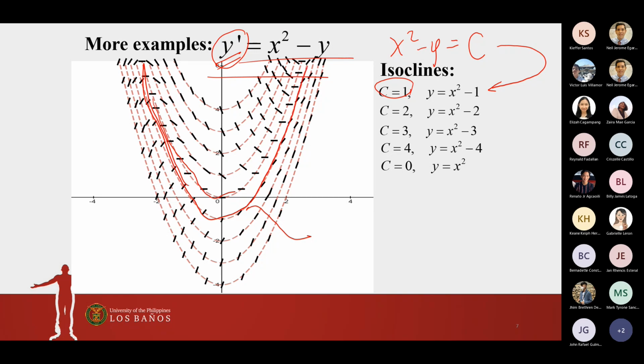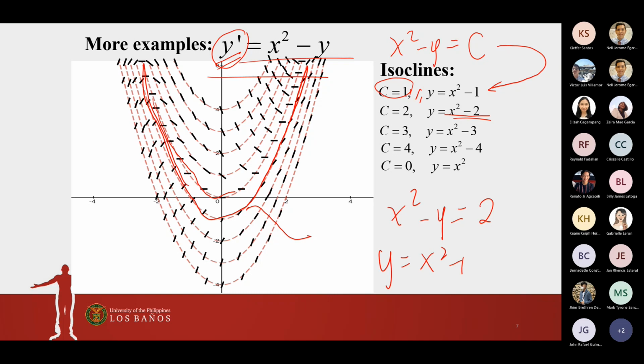Tapos along this parabola, mag-drawing lang ako ng mga line segments na ang slope nila ay equal kay 1. And then you do this also for a second isocline, y equals x squared minus 2, obtained by replacing c by 2. So maging x squared minus y equals 2, then it will be y equals x squared minus 2.